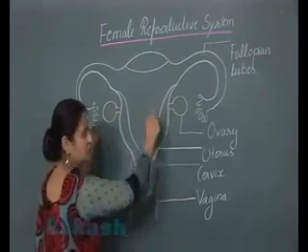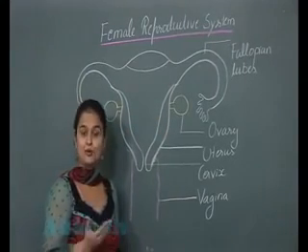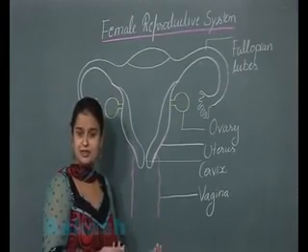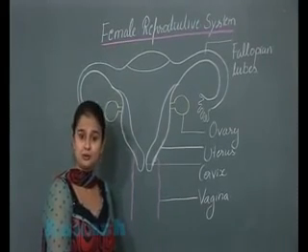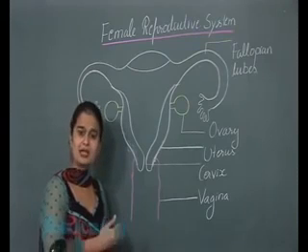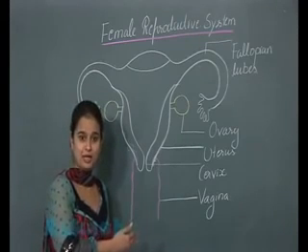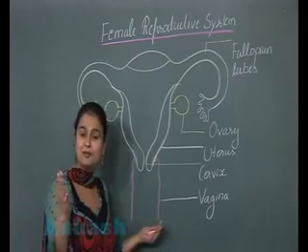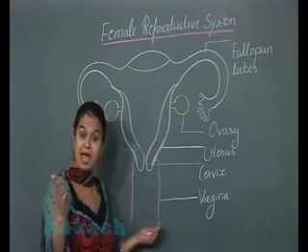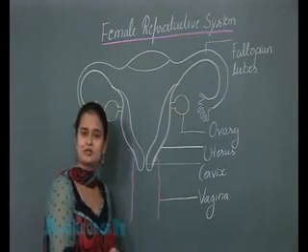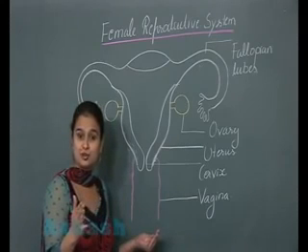Now what is the function of the ovaries? The ovaries result in the formation of the egg, the production of the ovum. As the girl is born, in the girl's ovary there is presence of thousands of immature eggs.